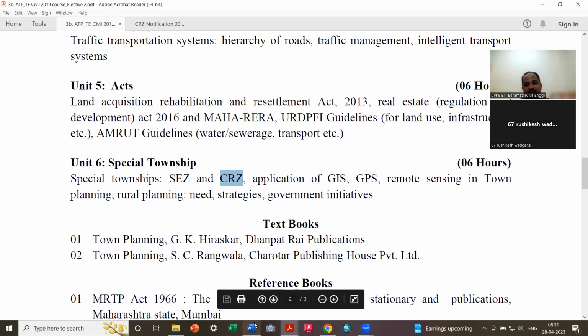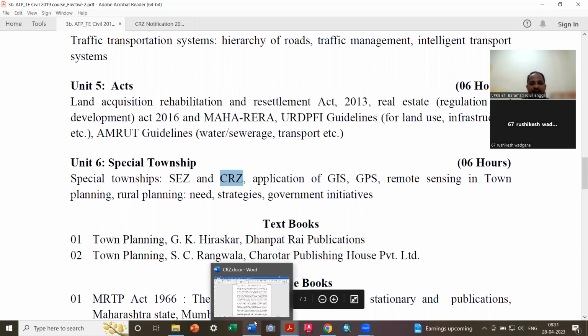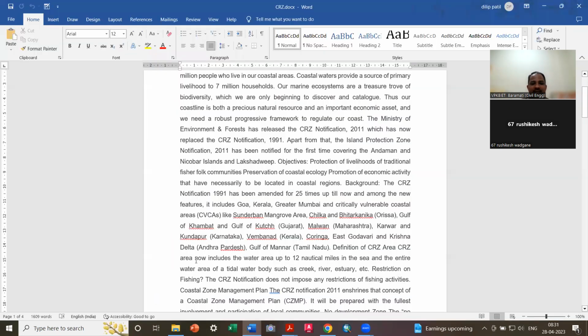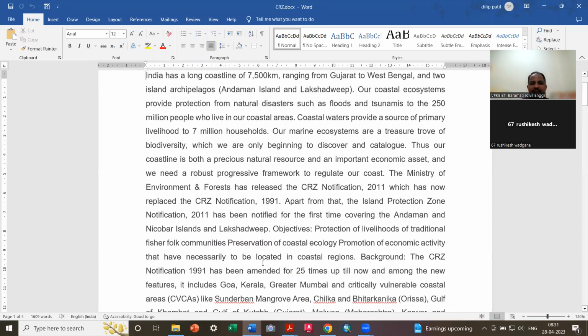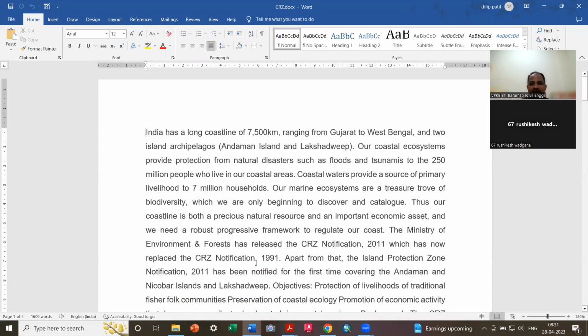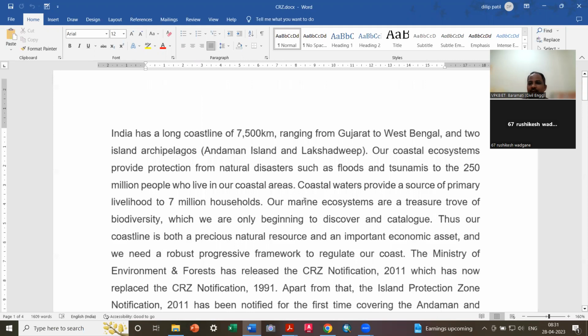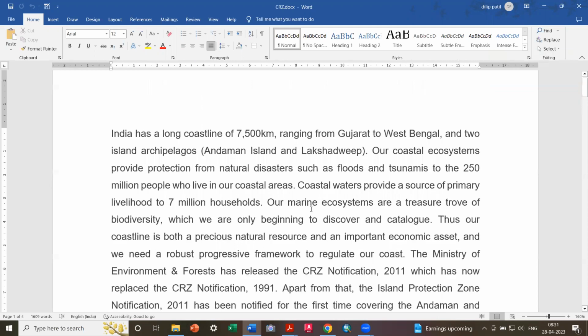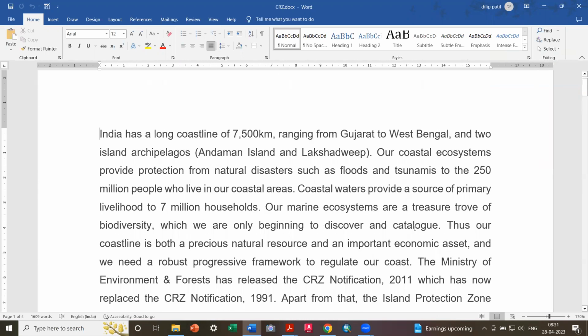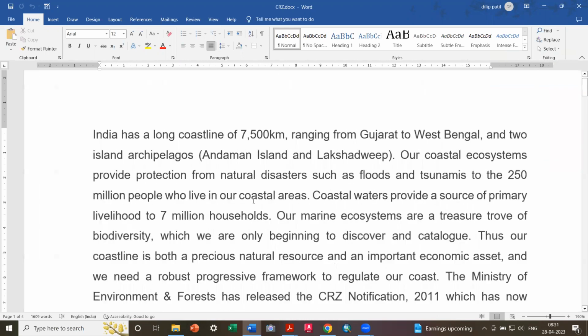We'll see some historical background behind this CRZ Act or notification, then discuss the present legislation regarding CRZ: where we can construct, what the different zones are, what is permitted, what is not permitted. So we will see the historical development.